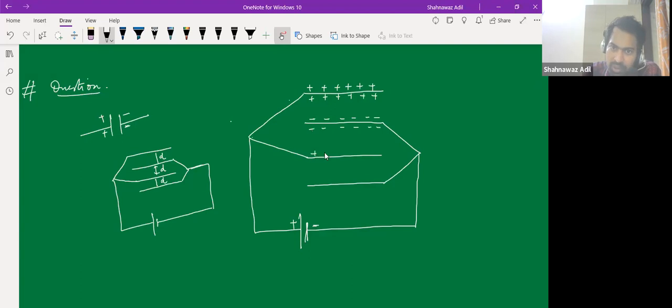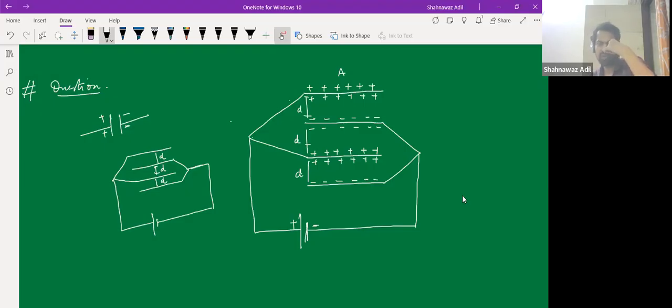This would be positive, and this would be negative, right? So the distance between them is d, and the area of all these plates is A, right? They have the same areas.